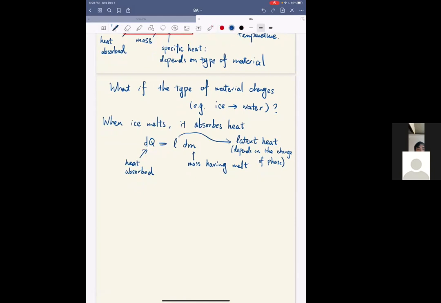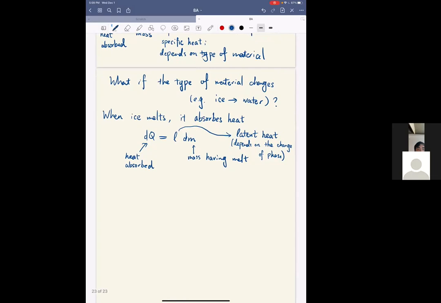So we know, of course, when the ice melts, there is some latent heat. But when steel or iron melts, there's another latent heat, and that heat, of course, is different. So that depends on the material and from which state and to which state the material is switching. So that is what I mean by this comment.